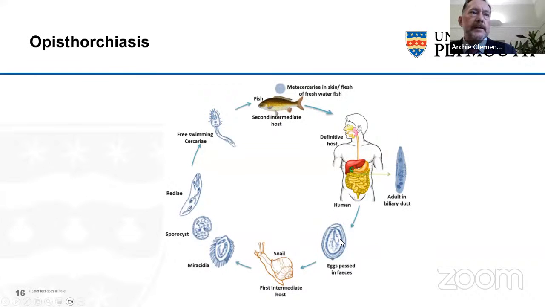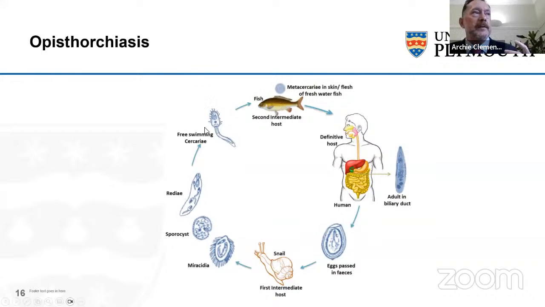So it lives in the bile duct, it excretes eggs in the feces, and those eggs, if they come into contact with water, will hatch, and then immature stages will invade snails if they're present in that water body. There are various stages of maturation of the parasite within the snail. Then once the parasite has matured in the snail, you get free swimming cercariae that are released from the snail that then invade a fish.